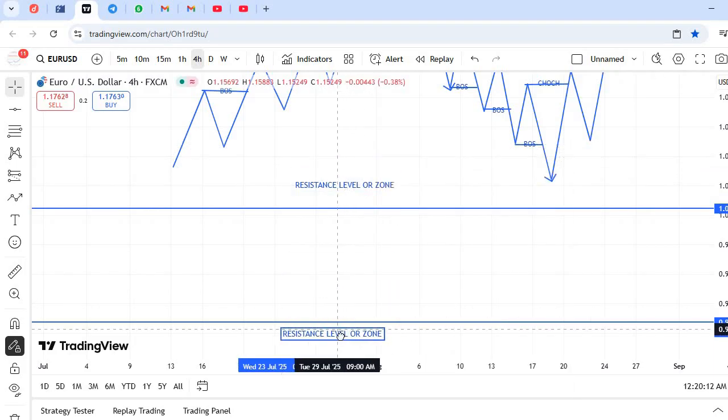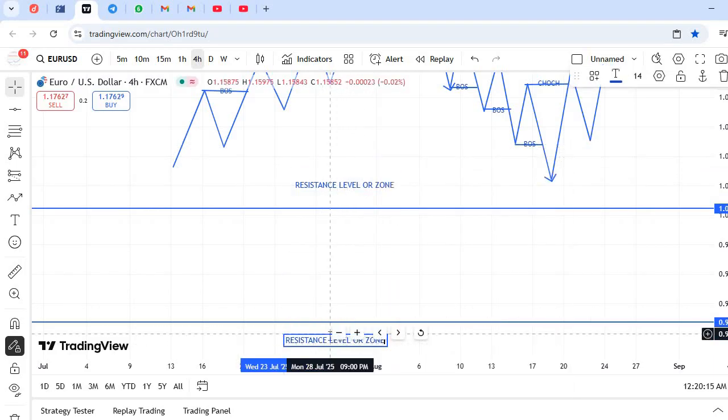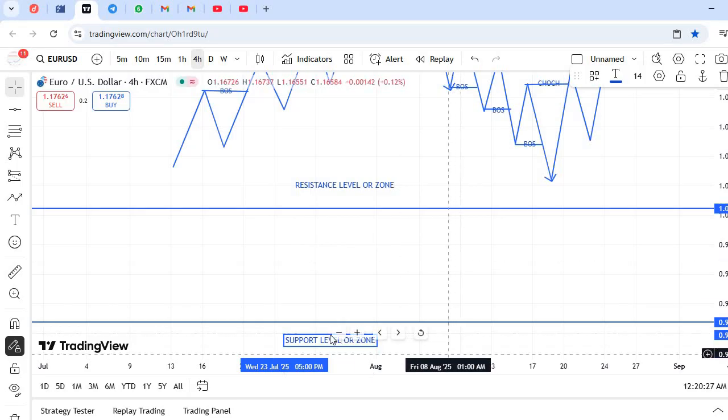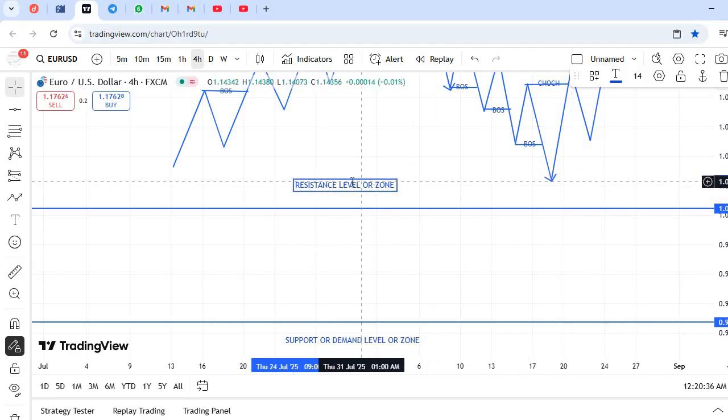You can call the support level or the demand level. Please pay attention: support level or zone, or demand level or zone. Then for this we have resistance or supply. Any name you want to use is fine.